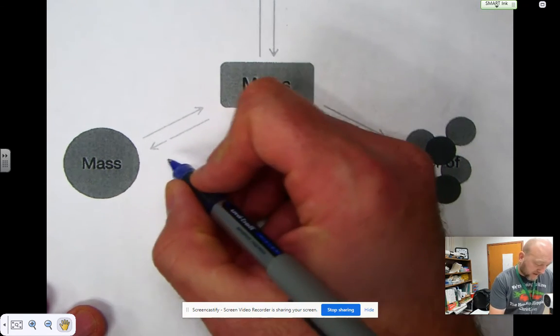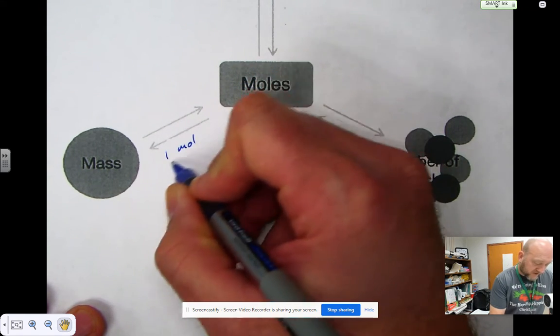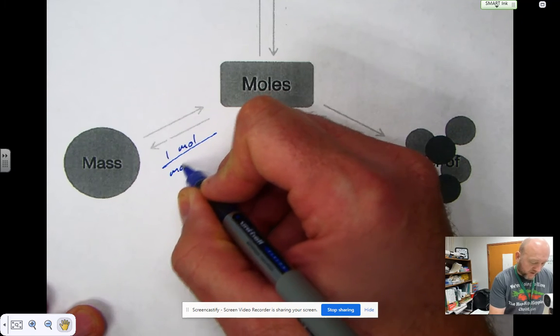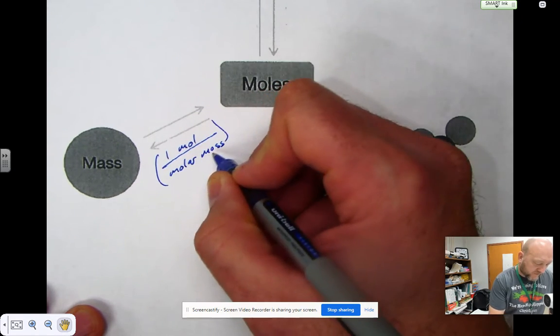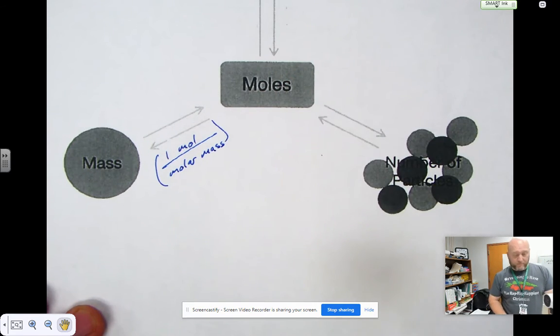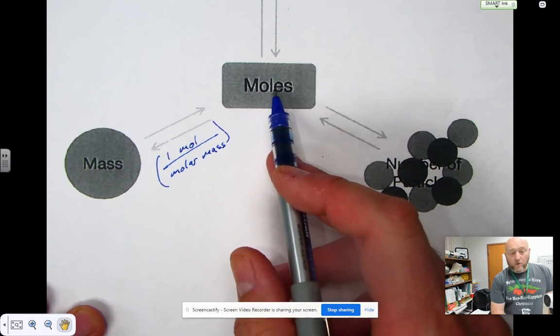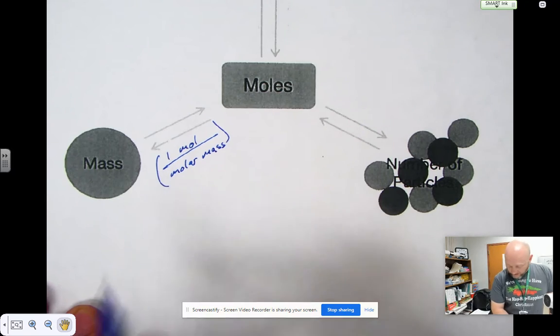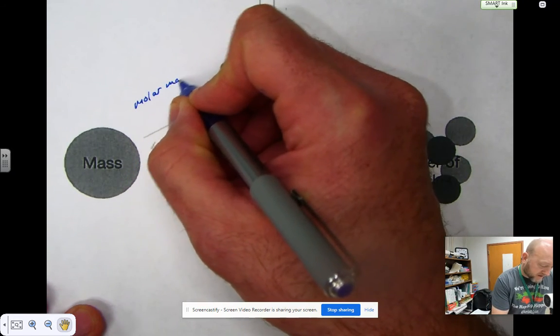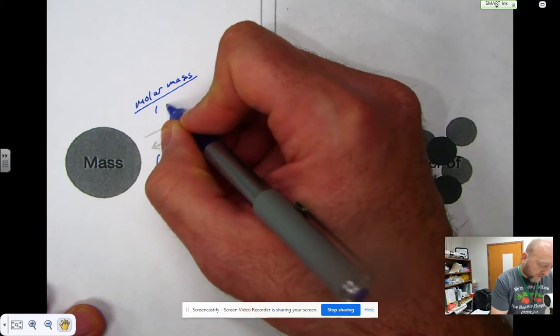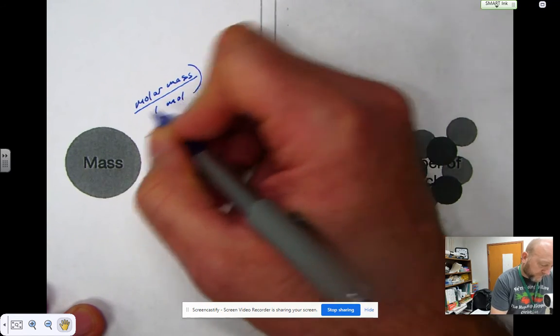What we're going to do is take 1 mole of something and put that over the molar mass. And of course, the molar mass you find from the periodic table. If, however, you're going from moles to the mass, we'll switch that. We'll have the molar mass on top over 1 mole.